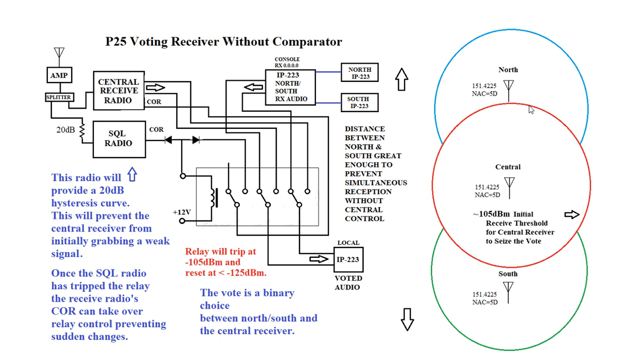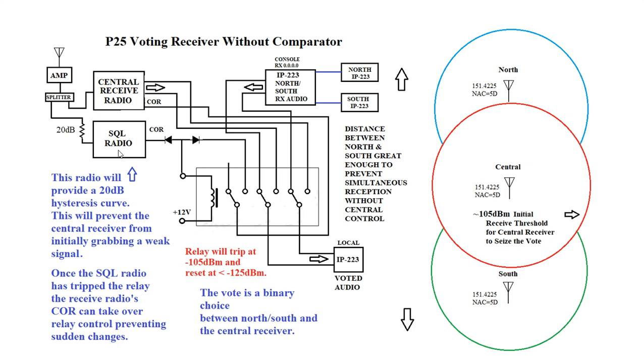It's going to be well above that, so you'll never hear the gook gook gook when it starts to fail with the weak P25 signal and you get the digital decode failure. Once again, this relay to grab the central site is going to trip at approximately anything above minus 105, and then it won't reset until it drops down to its normal minus 125 level, or the person releases.